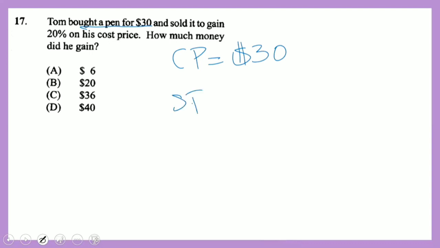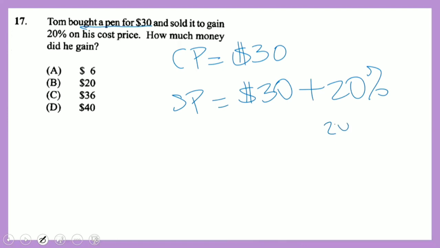He sold it to make a profit or gain of 20%. That means he sold it for $30 plus he put on a 20% markup on this. So we want to know what 20% of $30 is.